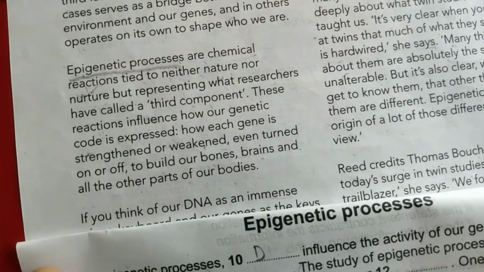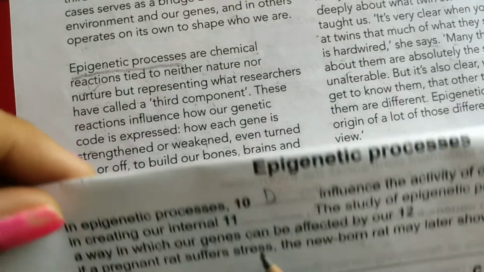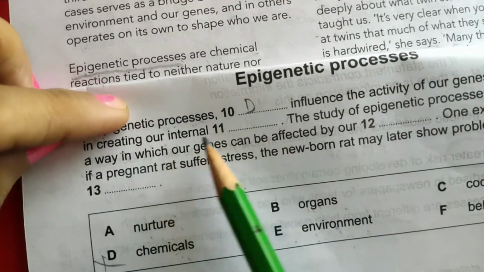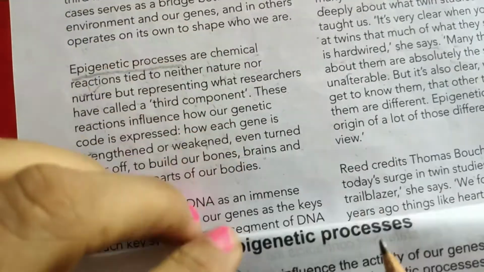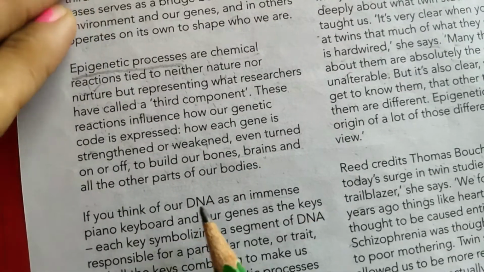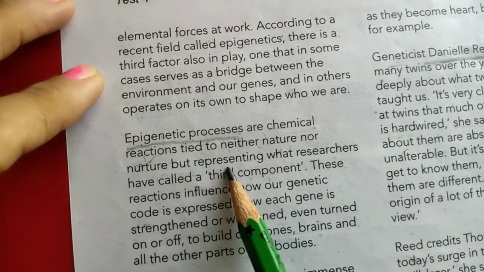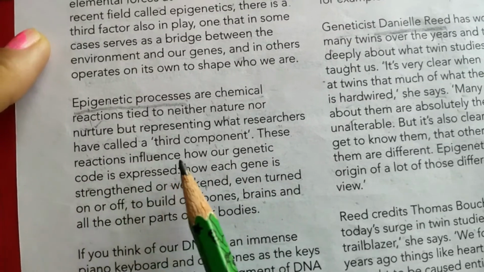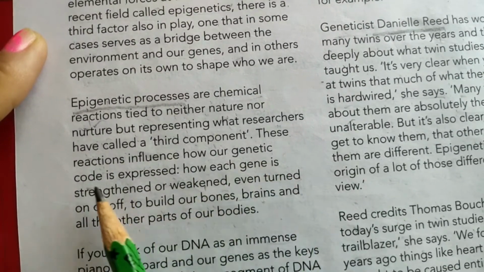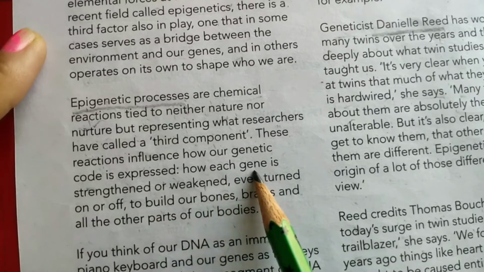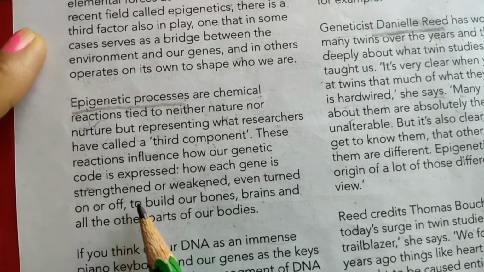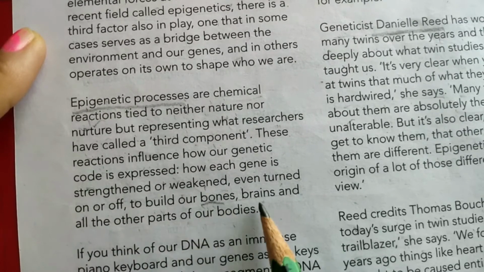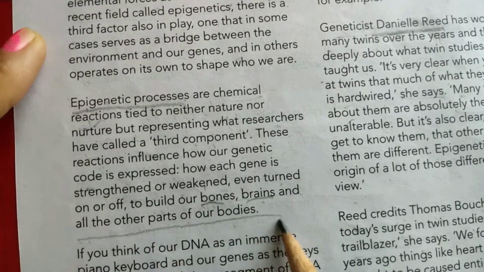Next, for example, in creating our internal dash. We look for the word. These reactions influence how our genetic code is expressed, how each gene is strengthened or weakened, even turned on or off to build our bones, brains and all the other parts of our bodies.